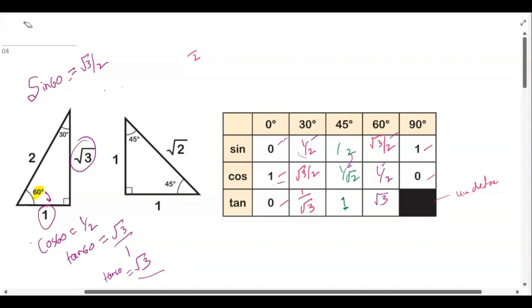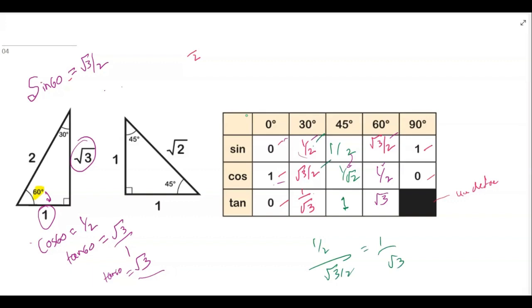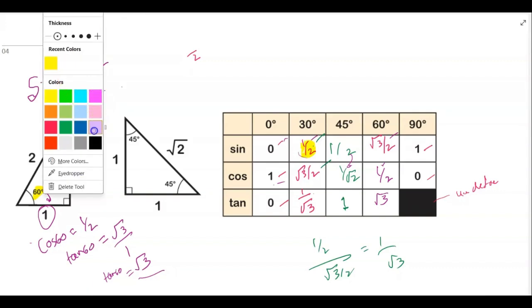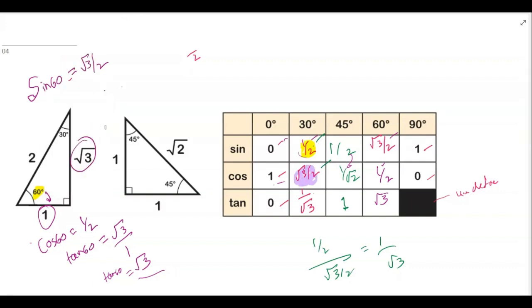Now the third one. This is 1 by 2, 1 by root 2. If you observe tan, it is 1 by 2 divided by root 3 by 2, so that will be 1 by root 3. We are just dividing this upon this. The top part acts as the numerator and the bottom part as the denominator.